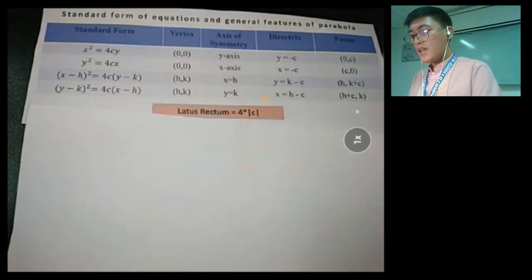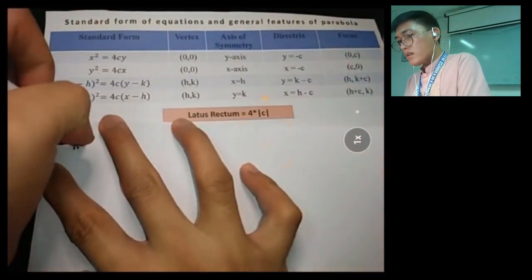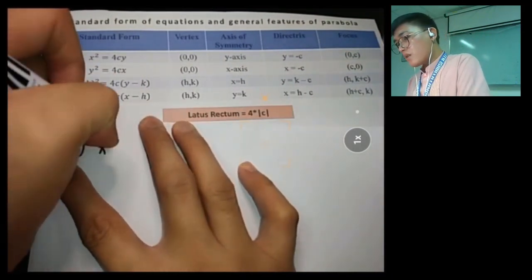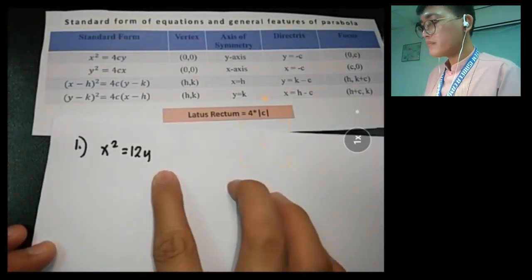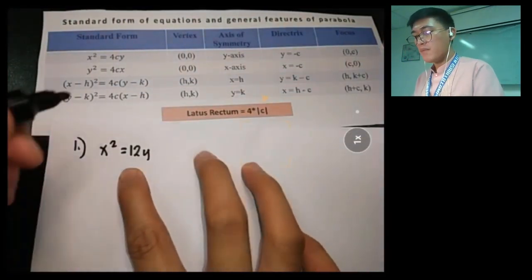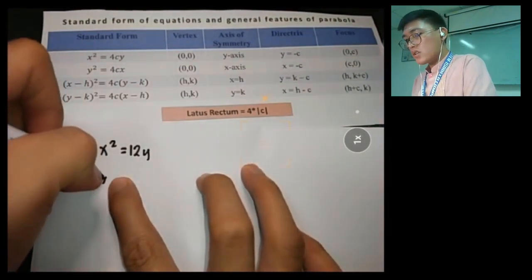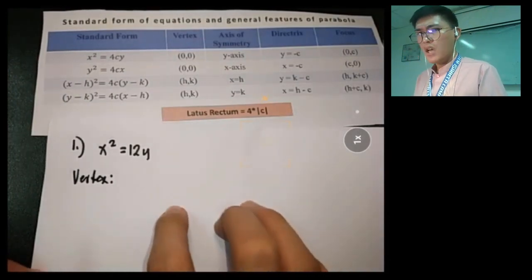Let's say our first example, number 1, x squared is equal to 12y. Let's say this is our first example and we are to find the vertex, the focus, the axis of symmetry, the directrix, and the latus rectum. What are we going to do?